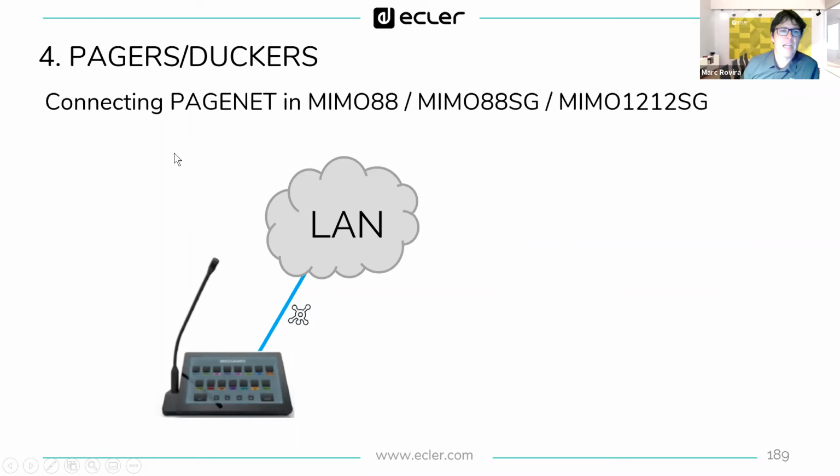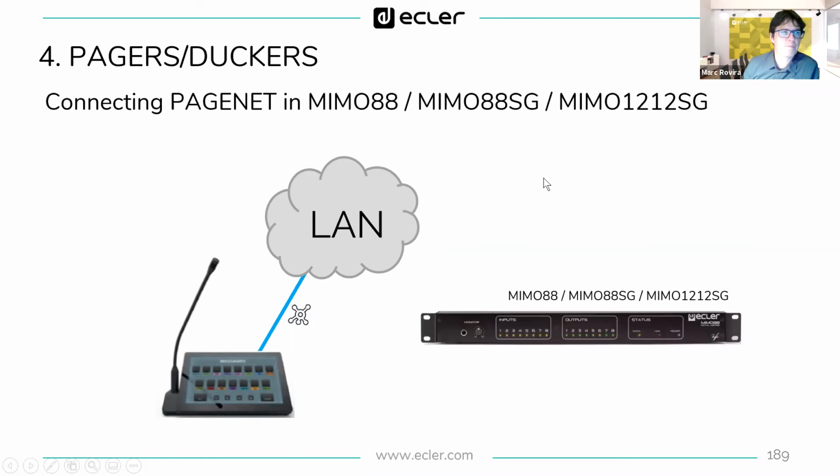Can I use PageNet for these MIMOs, the ones that are not the DN? Yes, you can use them. Control will be from the network because these are UCPs, but the audio has to travel separately.